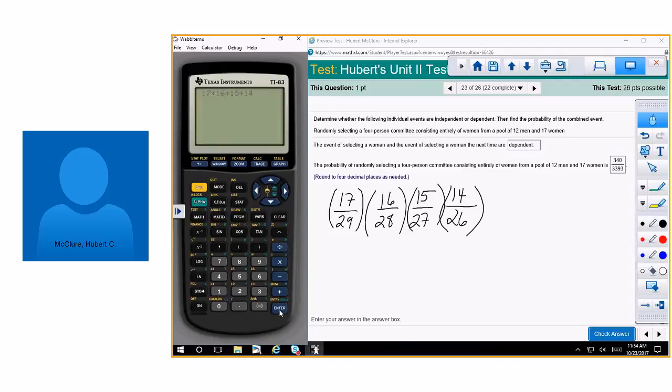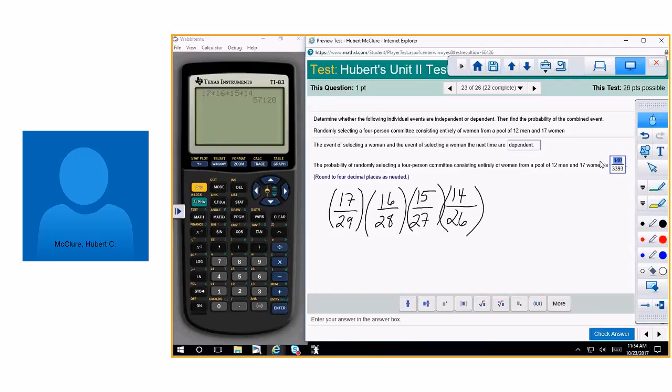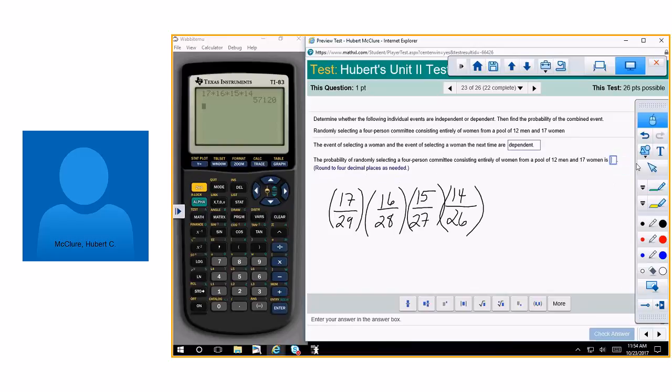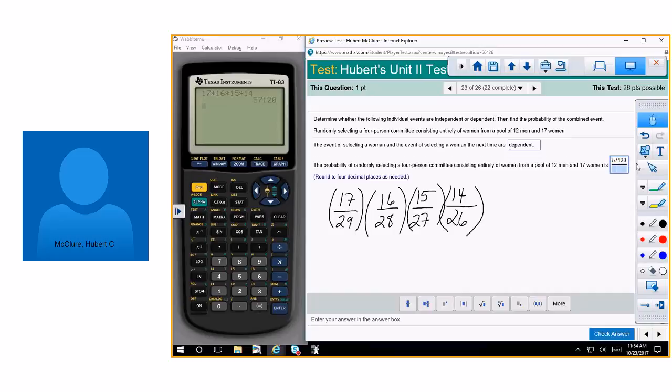That's going to be a big number. There, 57,120. 57,120 divided by, I'll see if it's reducible in just a minute. 29 times 28 times 27 times 26.